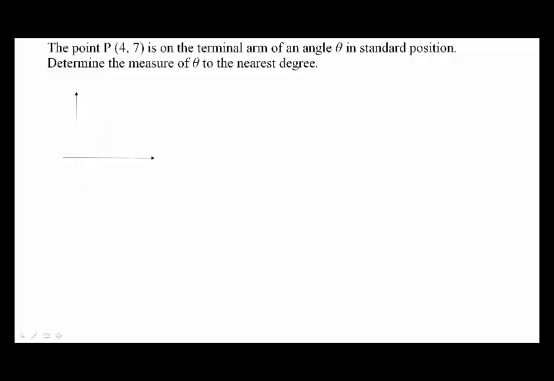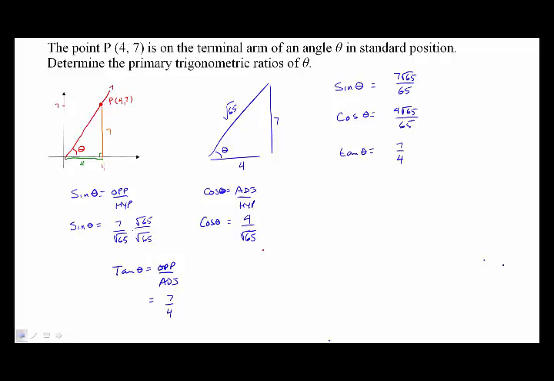Okay. To the nearest degree. Well, we've got 3 ratios. We can use any one of them. Which one's going to be simplest to type in the calculator? This one right here. And it has another added bonus.